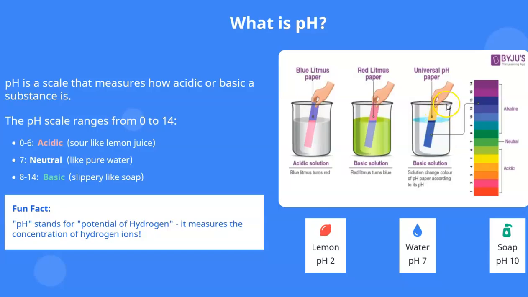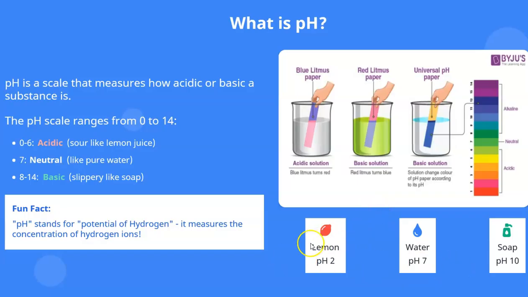Now, using the universal pH paper, this universal pH paper changes into the color according to what the solution is. For example, the solution is a basic one, so that universal pH paper changes to color blue.